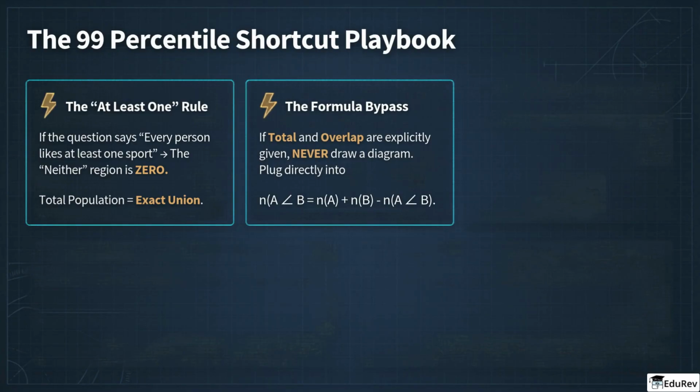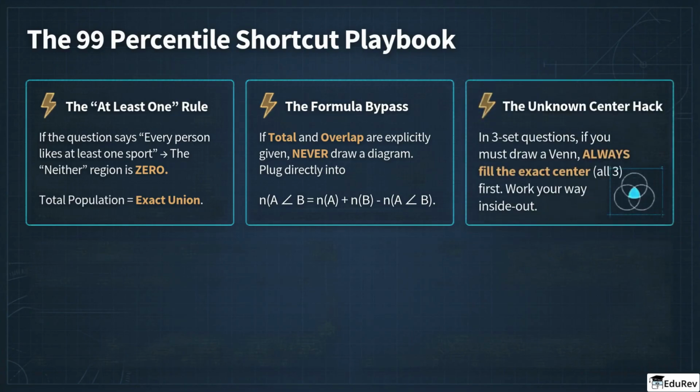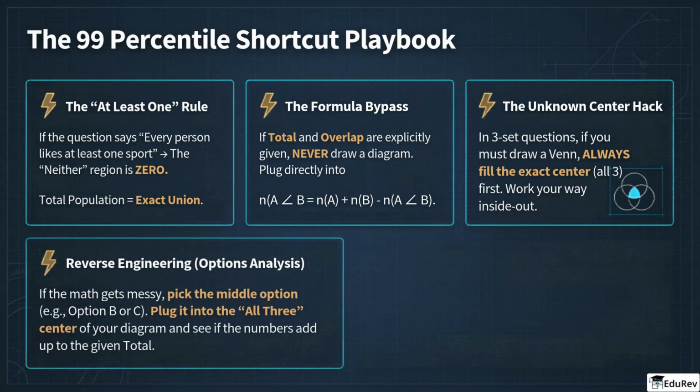If total and overlap are already given, there is no reason to redraw everything from scratch. The third rule is the unknown center habit. In a 3-set Venn, always fill the center first because it anchors the rest of the regions. The fourth is reverse engineering from options, which is often faster when the arithmetic becomes messy.